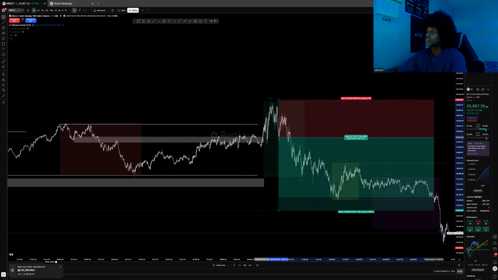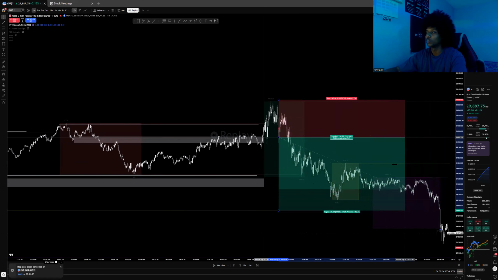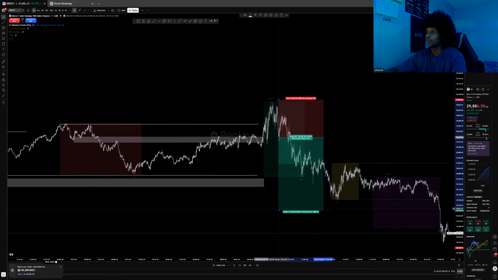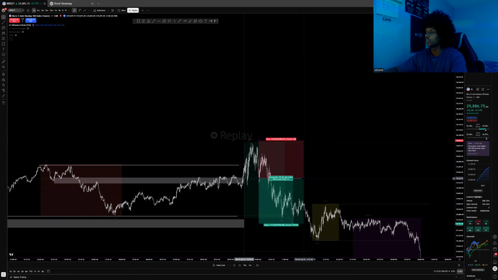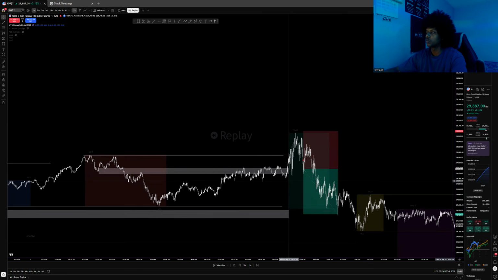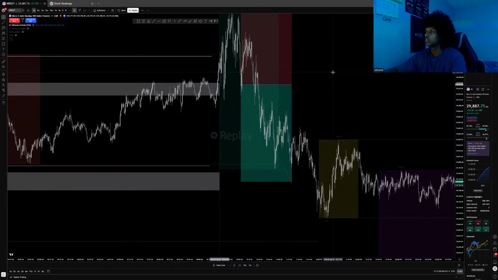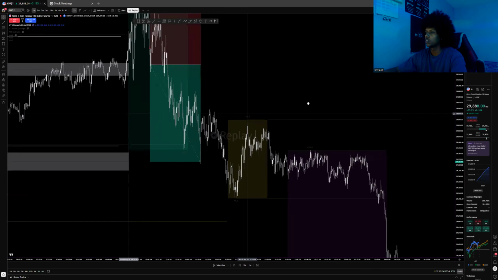Would I be holding this trade until the end? No, I would have probably got out right here. Okay, that's already my take profit. But yeah, the risk reward is just 1.2. But anyways, man.